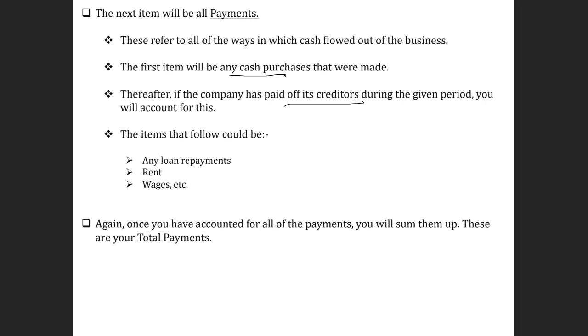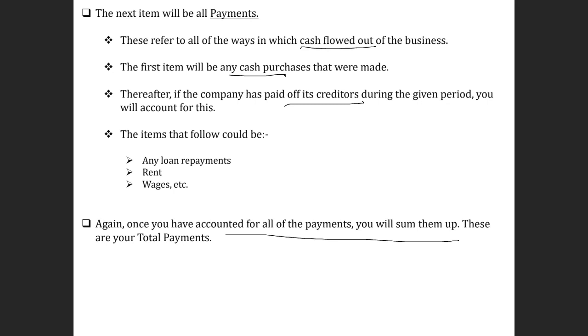And then we also look at any other expense, such as your rent that needs to be paid, wages or salaries. Maybe you have insurance that you need to pay for, you have a loan that needs to be repaid, that type of thing. And then that gives you all of your payments. So again, here you'll sum up all of the payments, and this is known as your cash outflow. So all of the cash leaving your business.